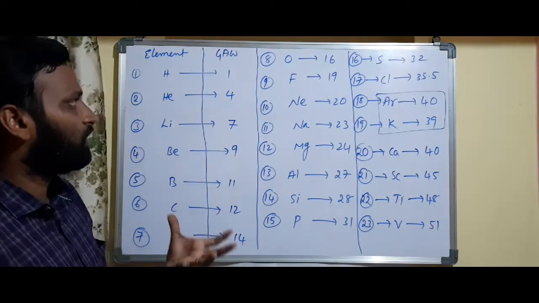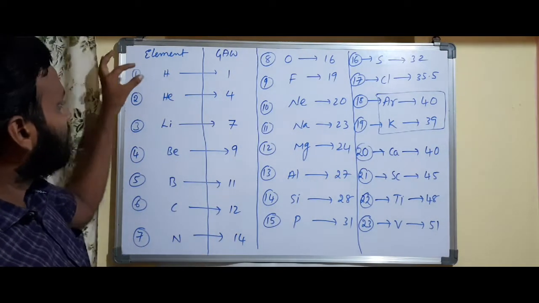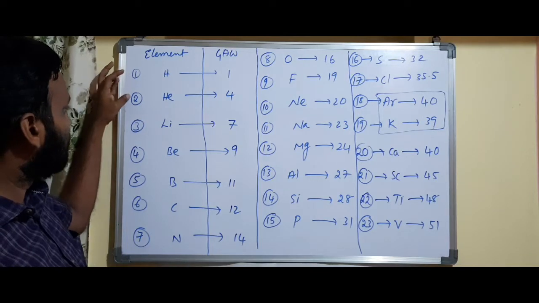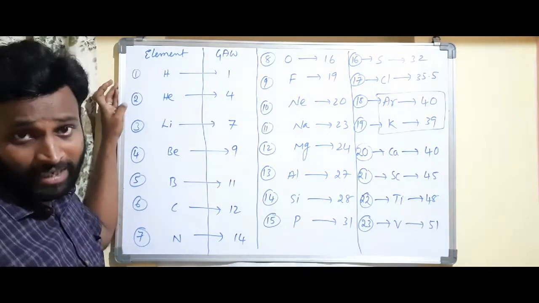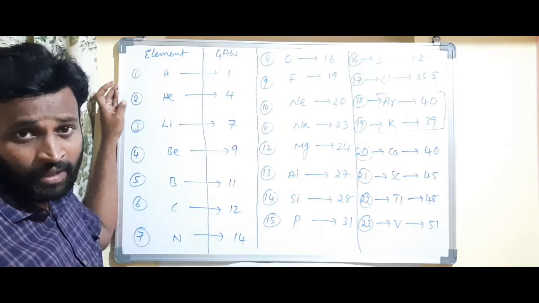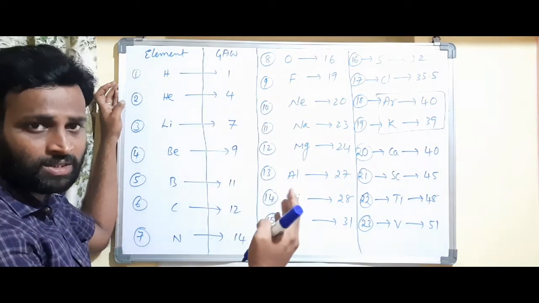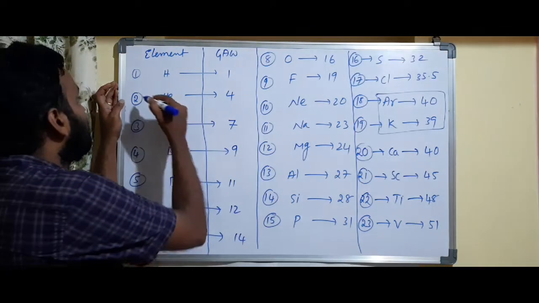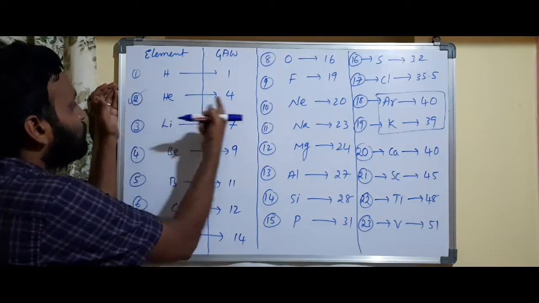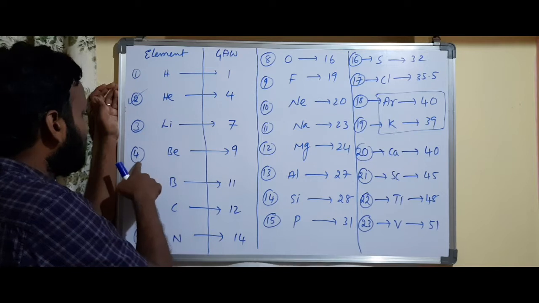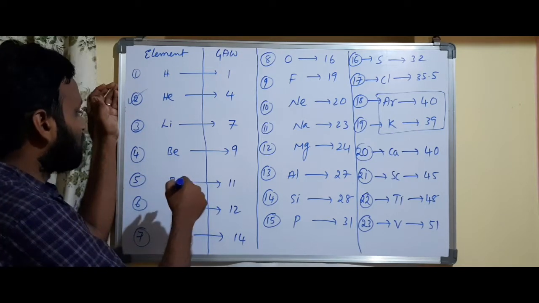Actually, one more simple way you have. For the elements which have an even atomic number, the atomic mass or gram atomic mass will be double. Like helium, atomic number how much? 2, so it's 4. And beryllium, some exceptional cases are there.